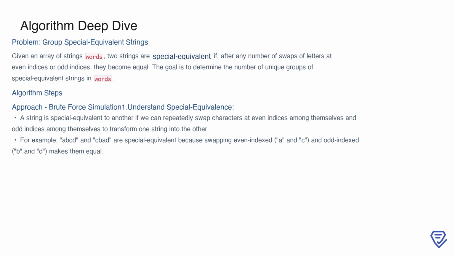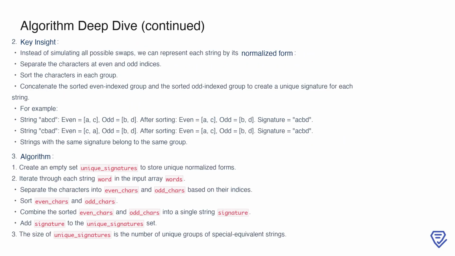Now, instead of simulating all possible swaps, which could be computationally expensive, we use a key insight to simplify the process. Each string can be represented by a normalized form. This is done by splitting the string into characters at even indices and characters at odd indices, sorting each group, and then concatenating these sorted groups to create a signature.